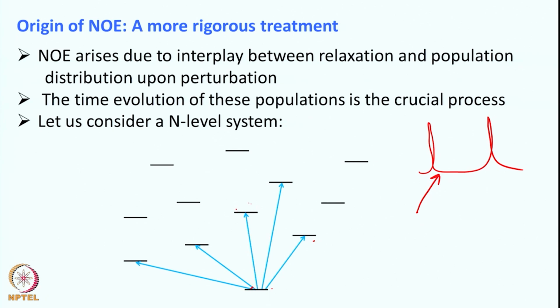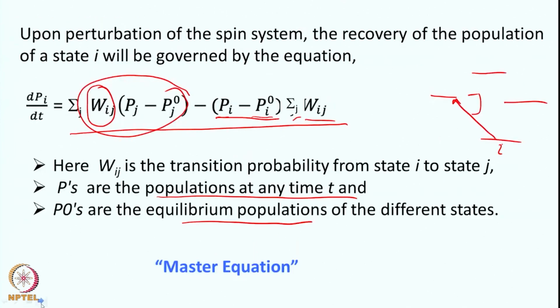We only need to know the population at any time t, the equilibrium population of these two states, and the transition probability. Then one needs to sum over all the jth states, and if we do that, we can calculate dPi with time.